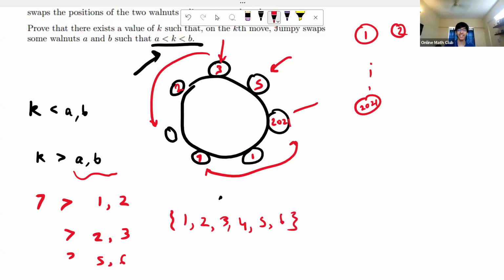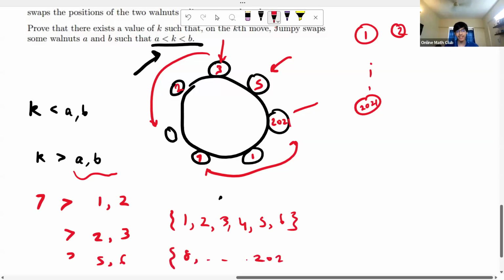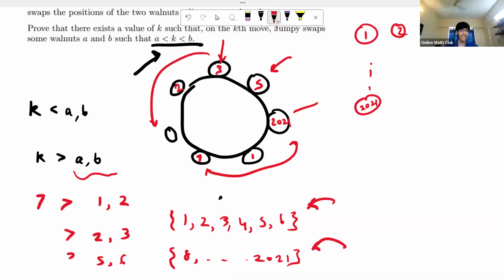Does that make some sort of intuitive sense? 1, 2, 3, 4 till 6 are sort of the same thing for you, and similarly 8 to 2021 are the same thing. The only thing you care about is that either both numbers should be from this set or both from that set when k is 7.